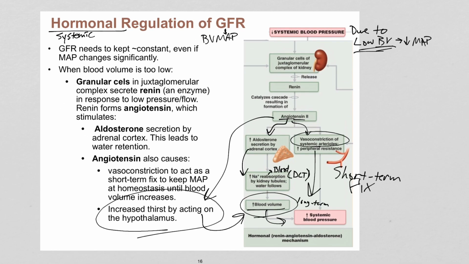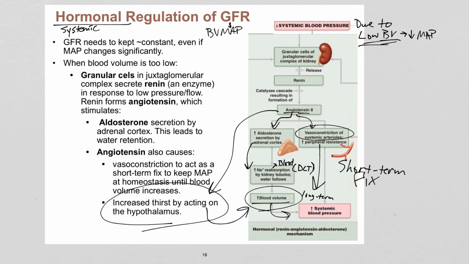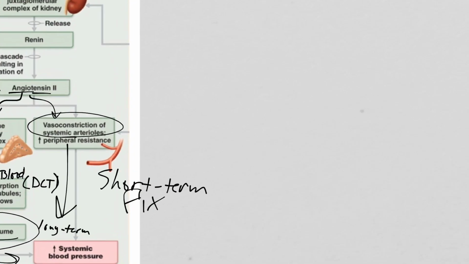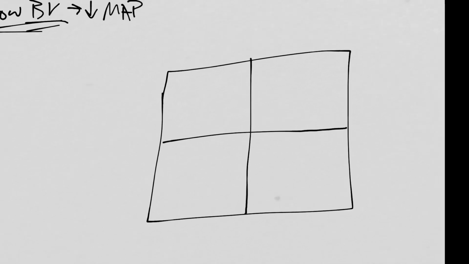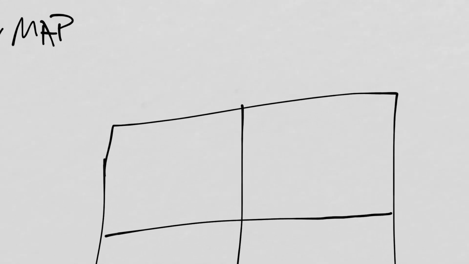All right. In all of this, don't forget, we haven't really gotten to the hydration part of this, but don't forget the difference between blood volume and hydration. All the way back in the endocrine chapter, I drew a simple 4-square box on the board that had hydration on one axis.